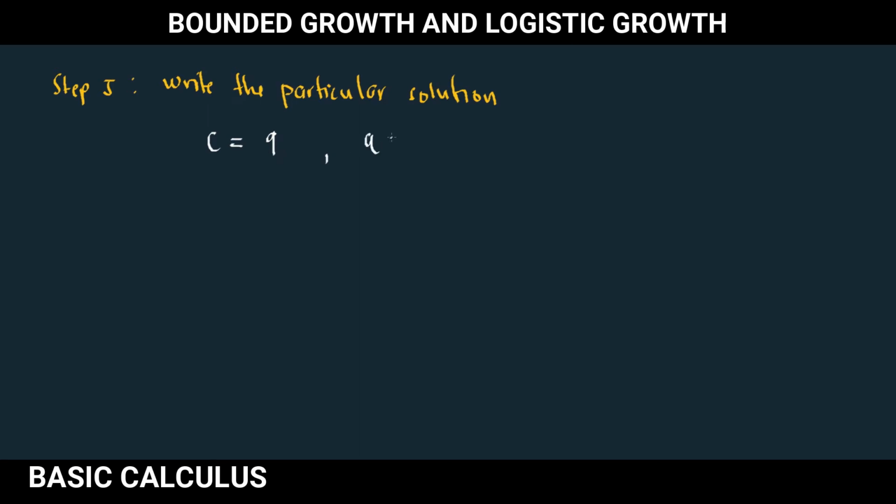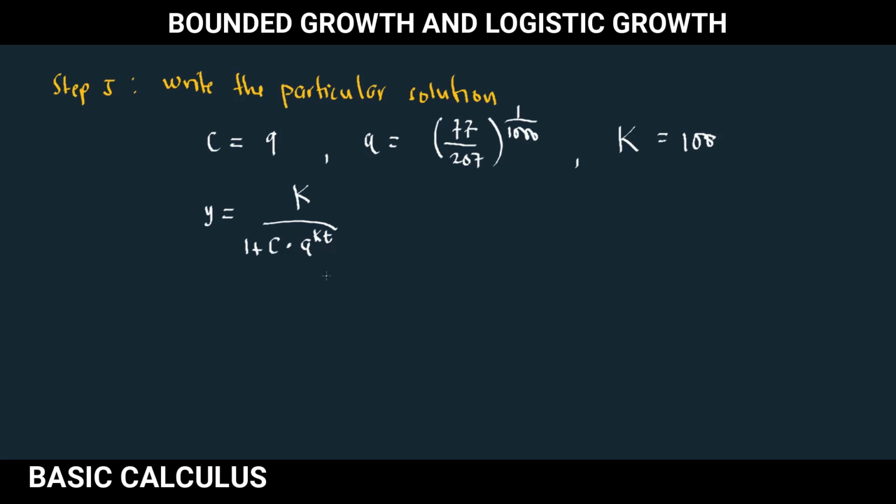We also have the value of A, which is equal to 77 over 207 raised to 1 over 1000, and then the value of K, which is equal to 100. So we need to plug in these values into the general solution of the logistic growth equation to find the particular solution. So we have Y is equal to K over 1 plus C times A raised to K times T.